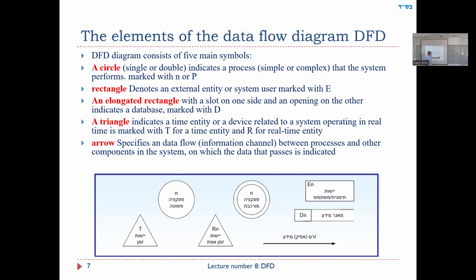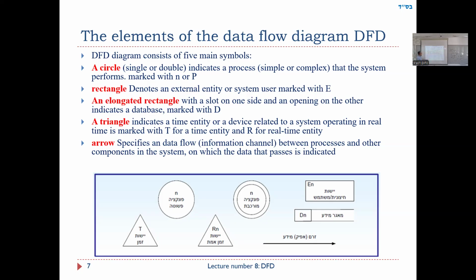The elongated rectangle is sometimes drawn without the last line, and sometimes with, but it has a little box in it with a D and then a number. That means the database or the data table and its number. So you'll have database 1, and then maybe in it receipts, the name of the purchase receipts or whatever it is, client information. Whatever information is in that table, the name of the table will be written here.